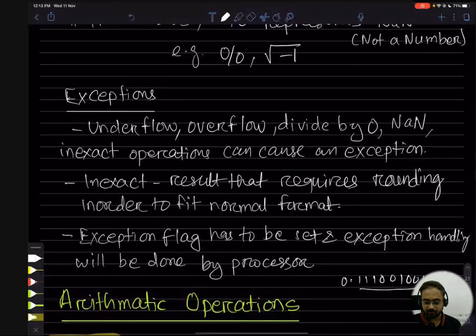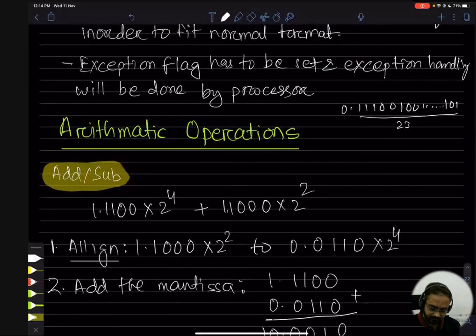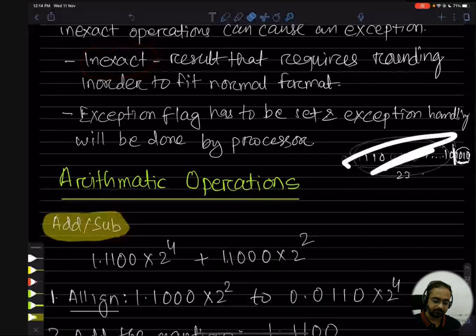It is normally 32 bit. How many bits are there in mantissa? 23 bits. But in the result we will get another 2-3 more bits. Up to this it is 23 bits, but after the addition, subtraction, multiplication, any operation, we are getting more bits. Then we have to round this result so that it will fit inside 23 bits. Then that is called an inexact operation. In that case also our exception will occur.